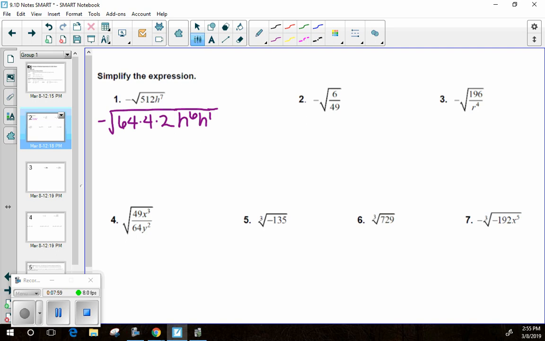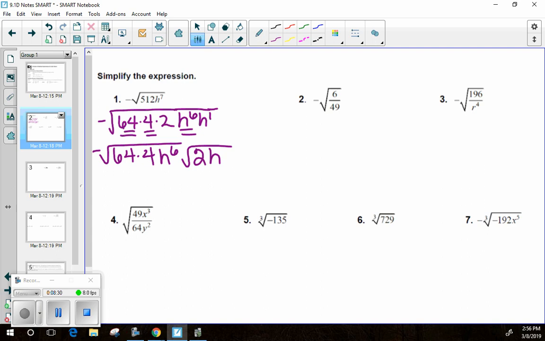All right, so this is a perfect square, that's a perfect square, that's a perfect square. All of that I'm going to be able to take the square root of, okay? All of it. And then the 2 and the h are the only things that I'm going to have to be stuck leaving inside. So 64, I'm able to take the square root of the 4. I'm going to be able to take the square root of h to the 6. And the negative still hanging out. The 2 and the h are the ones that are going to have to just stay, because I can't really evaluate that part without it getting to a messy decimal, right?